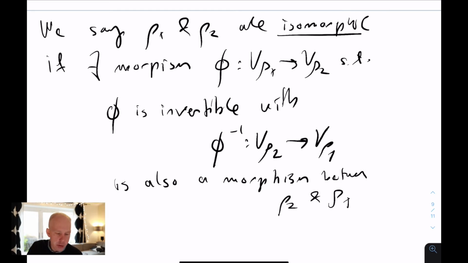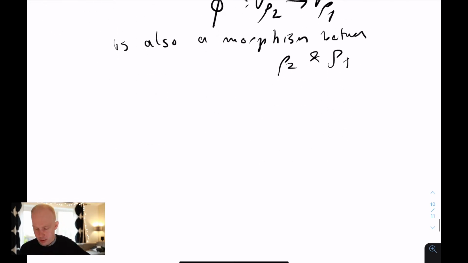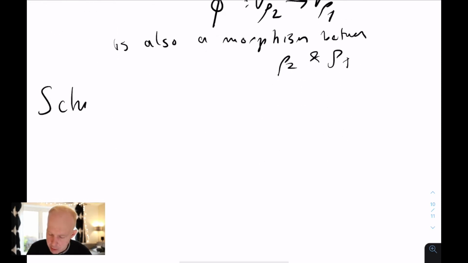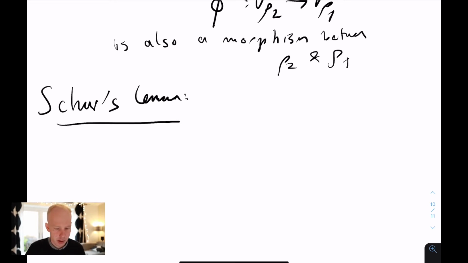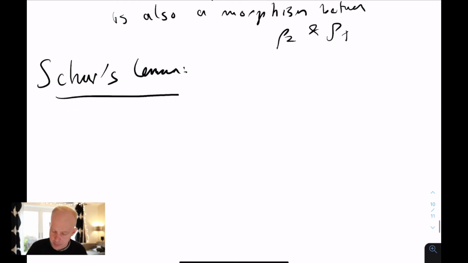And Schur's Lemma basically allows you to understand what it means to be isomorphic for different types of representations. So one way to write this is, let's call it Schur's Lemma, which is written as follows. I'll use the definition I have. It has two properties.